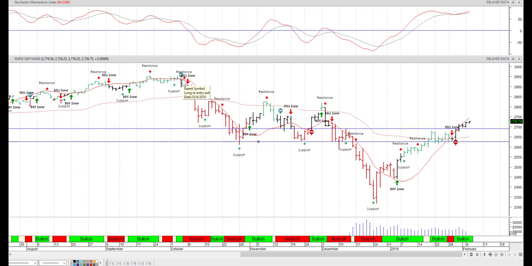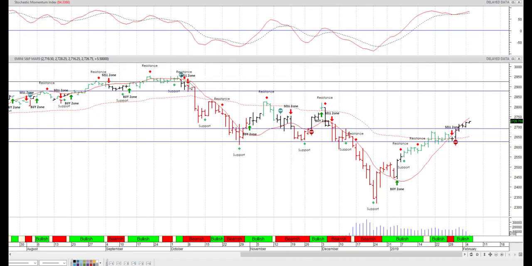It gave us a sell zone, and then we know to look at support. And here comes that support, and then we have a bounce. Guess what the bounce doesn't do? It does not get back up over the prior resistance zone.